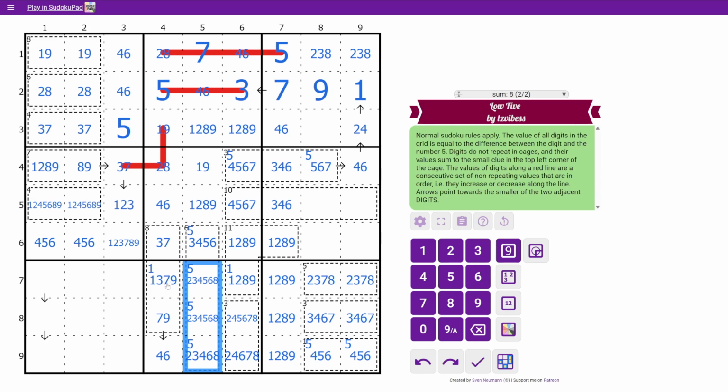This has to have a 4, obviously, and 2 2s.